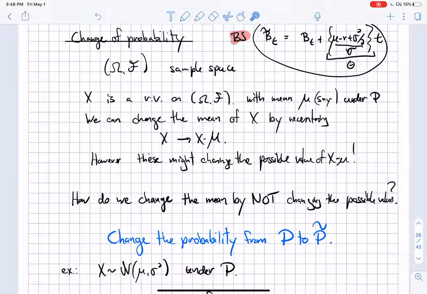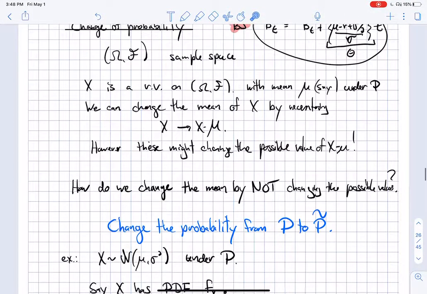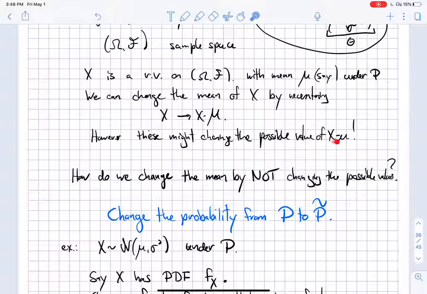So why don't we do the same thing with this? Well, it turns out that depending on the distribution of X, this might change the possible values of the new random variable. Take for example X, which is a uniform 0, 1. Obviously it has mean 1/2.